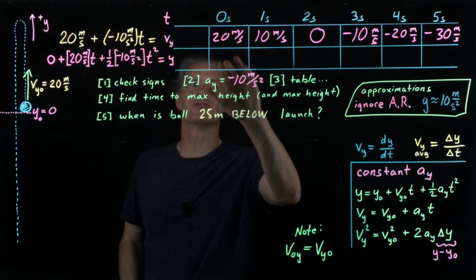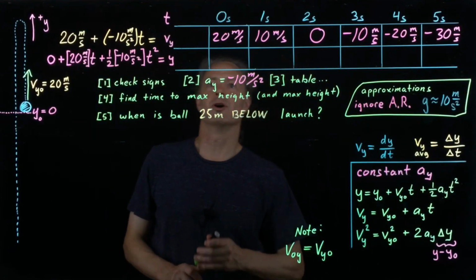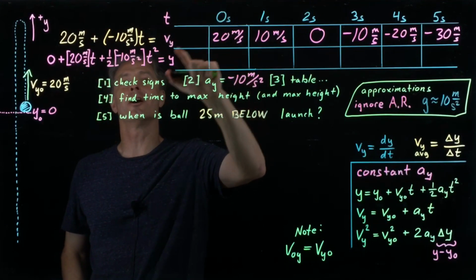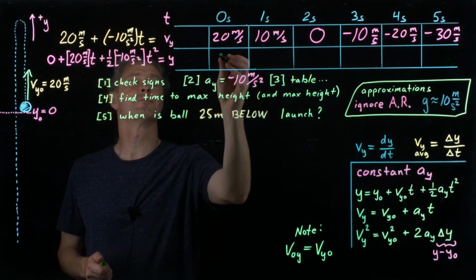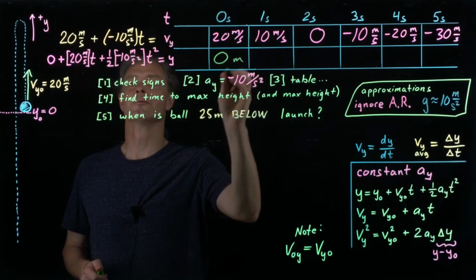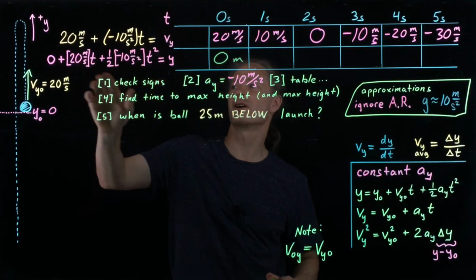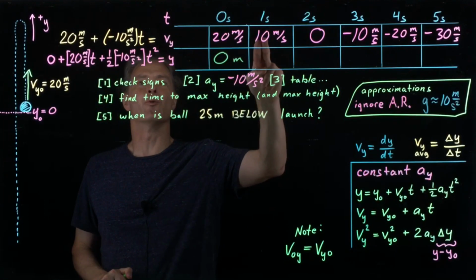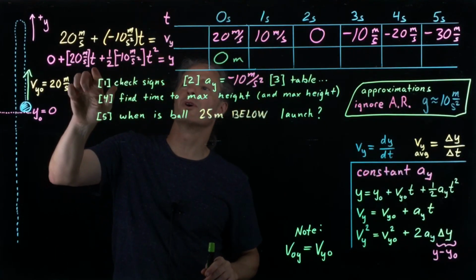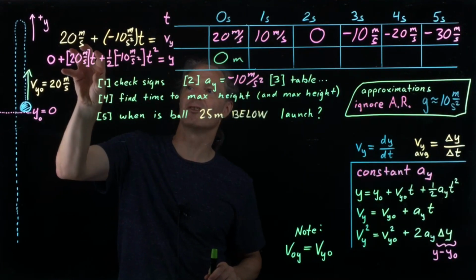All right, let's do the same thing. We're going to plug all these times in and see what we get. So when we plug in time 0, I'll have 0 here, 0 there, and I'm just left with 0, which shouldn't surprise us. Our initial position was 0, and that's what we're left with. All right, at 1 second, plugging in 1 second for the time, 20 meters per second times 1 second gives us 20 meters.